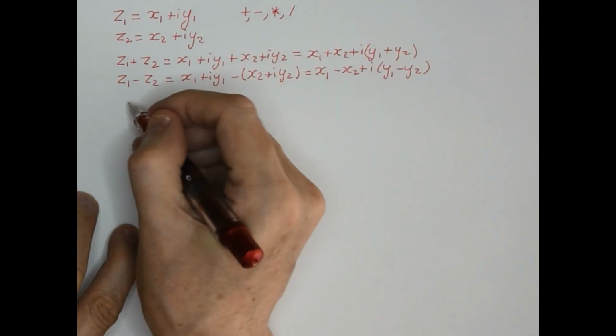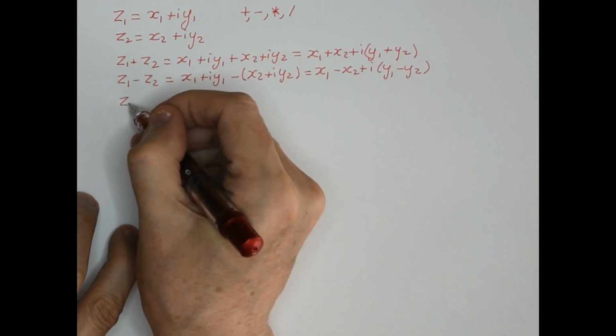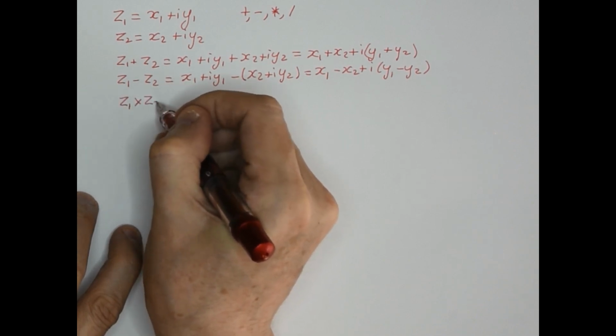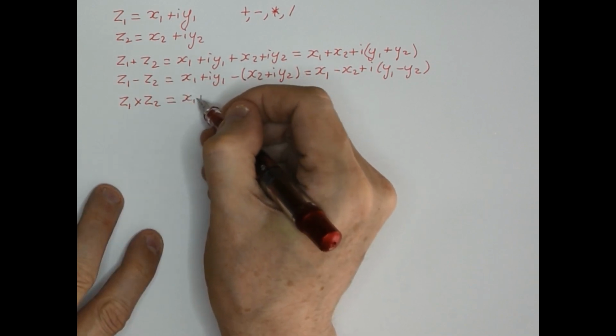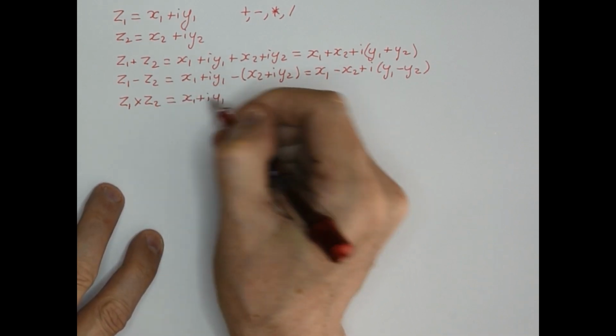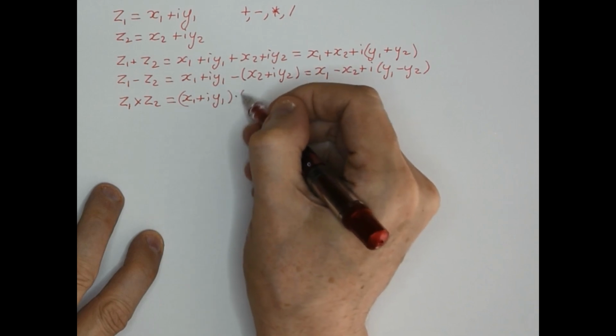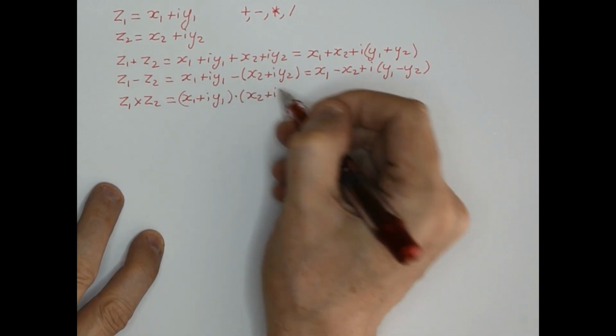Let's now do a multiplication of two complex numbers, z1 times z2. We write out z1, x1 + i y1, and multiply that by x2 + i y2.